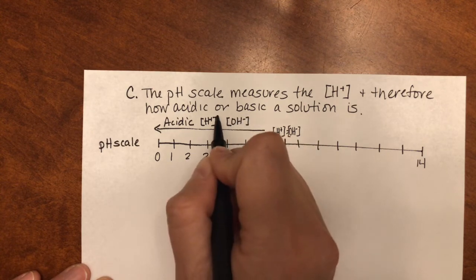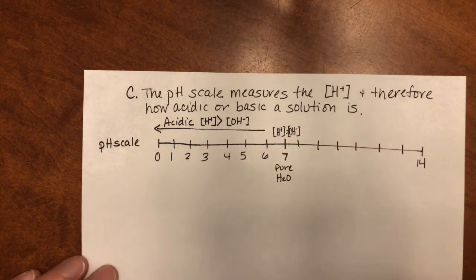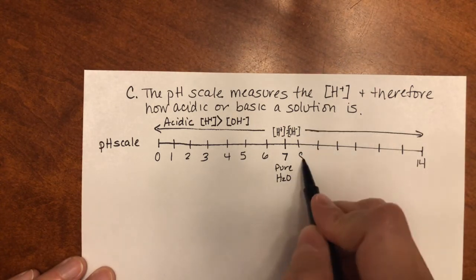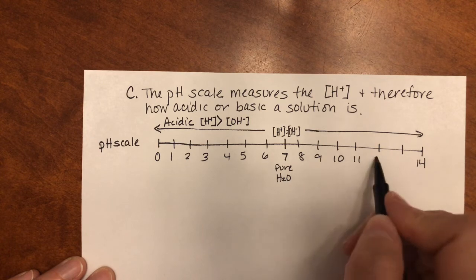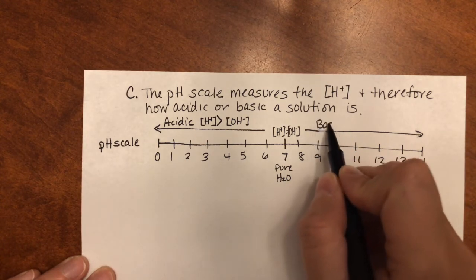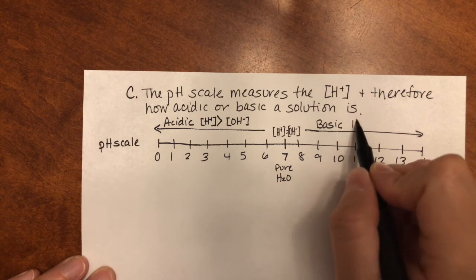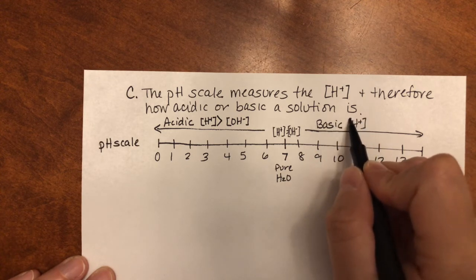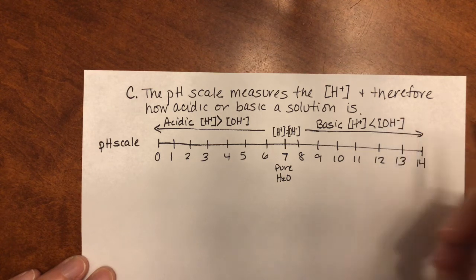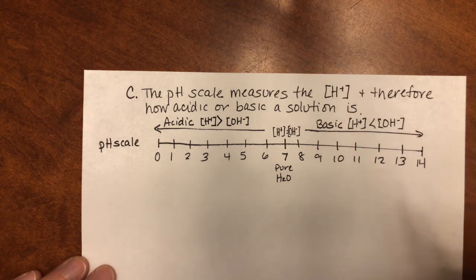If you said higher, you would be correct. And then this way goes from 8, 9, 10, 11, 12, 13, and then 14. And this is basic. In this case, the H plus ion concentrations are lower than the OH negative concentration. That's what acidic and basic means.